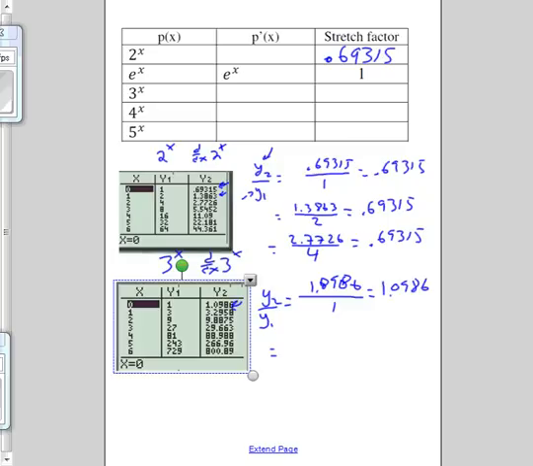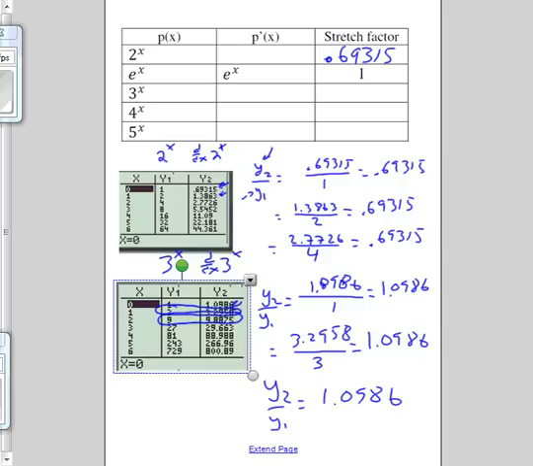When x equals 1, we have 3.2958 over 3. Well, that also equals 1.0986. And for each one of these y2 over y1 values, we're always going to get 1.0986.